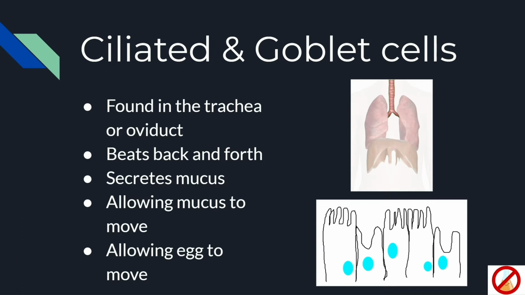The reason we have ciliated and goblet cells in our windpipe is, first, for our immune system. When we breathe in every day, it's very easy to breathe in pathogens such as bacteria or dust, and you don't want those things to go into your lungs.